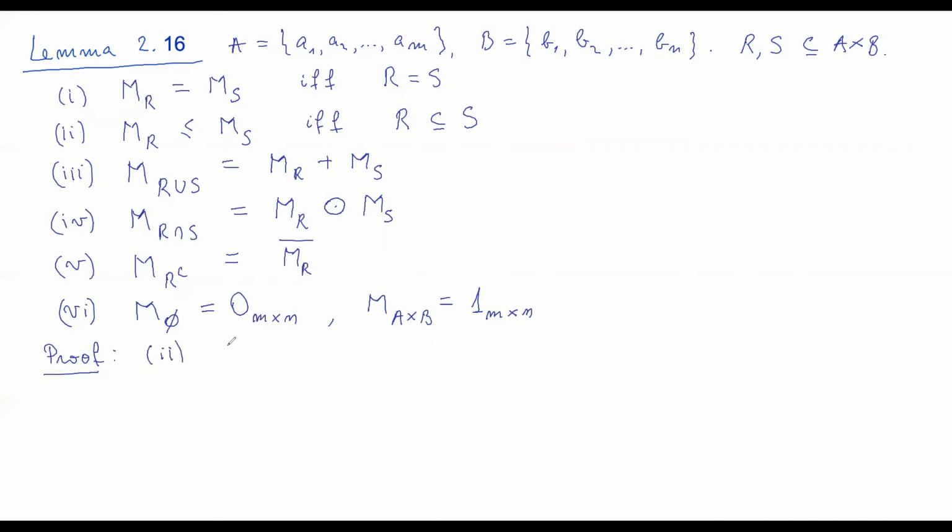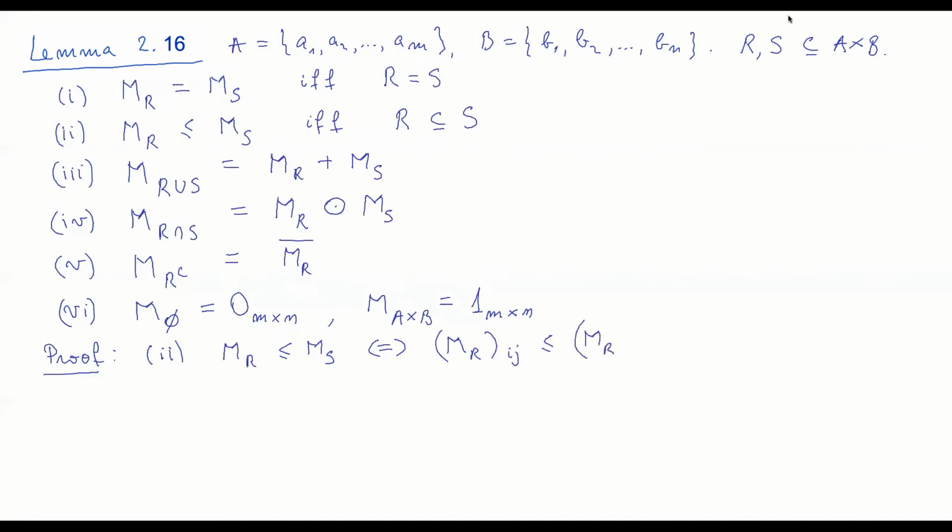So we have that MR is smaller than or equal to MS. And remember, this is about this partial order on Boolean matrices, which we have defined in a previous lecture. It holds by definition if on all positions we have this relationship.